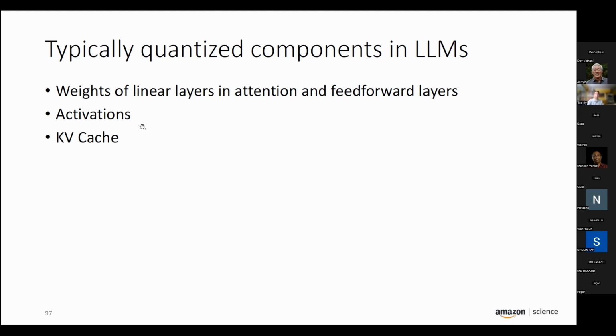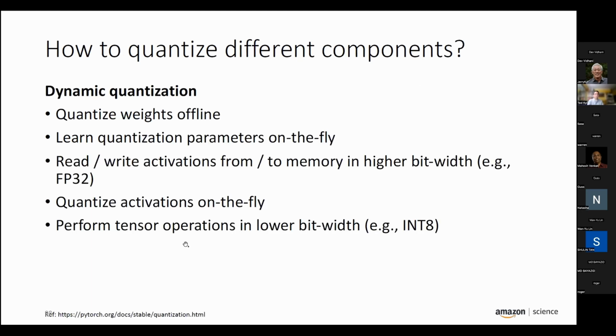In LLMs, you tend to have more outliers in activations, so you have to pay more attention to how you quantize these. And then you have your KV cache. Since that's taking up a lot of GPU memory, it would be awfully nice if you could use a smaller data type and take up less space for the KV cache.